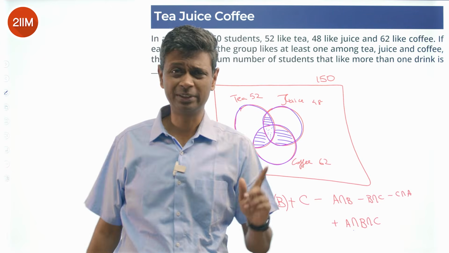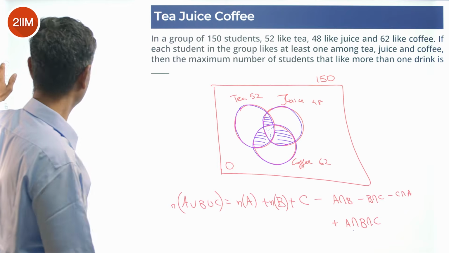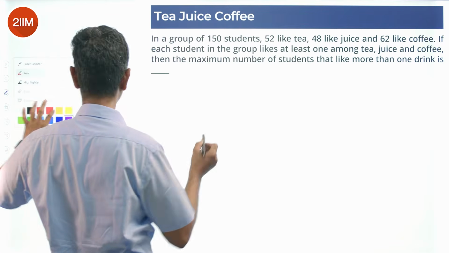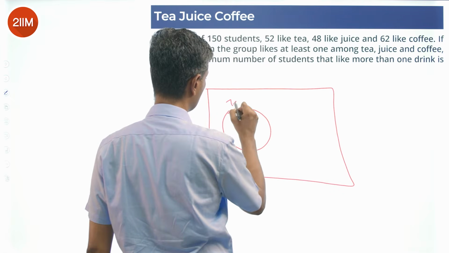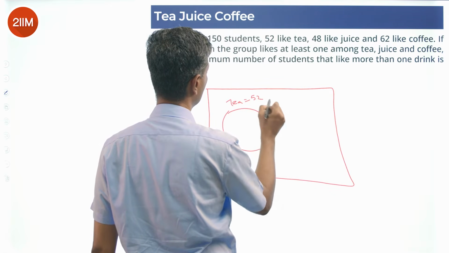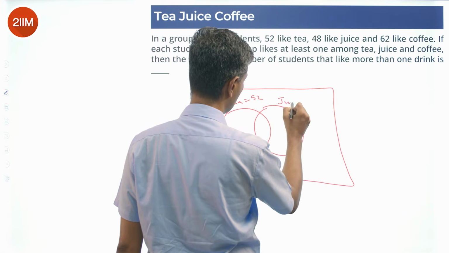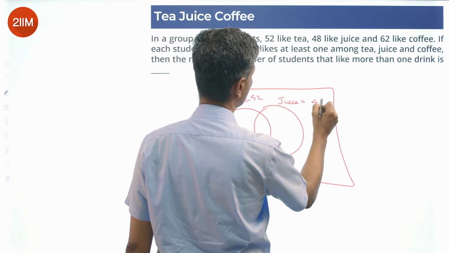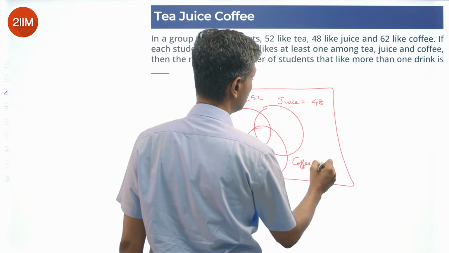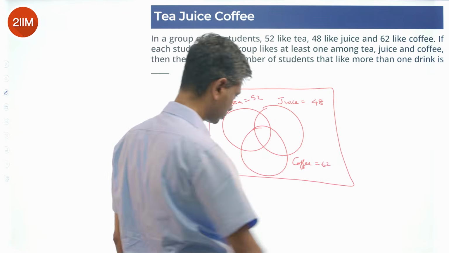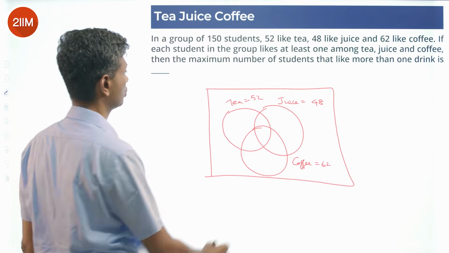I'm not going to do it by this method. I'm going to do it by a slightly different method with the same base units. The diagram is the same. So we have tea, which is 52. We have juice, that is 48. Coffee, that is 62. Overall, it is 150.